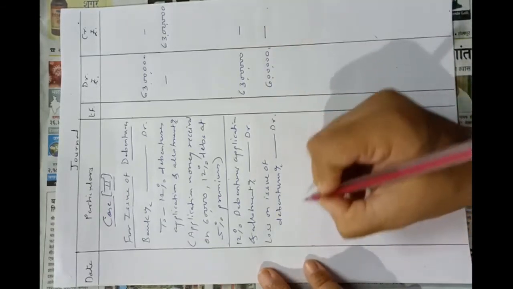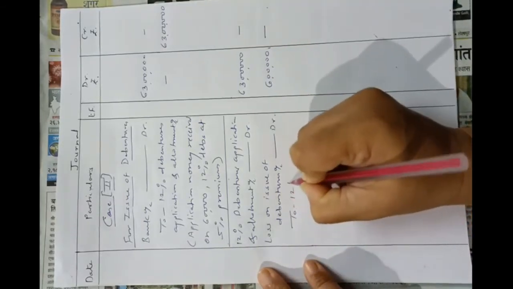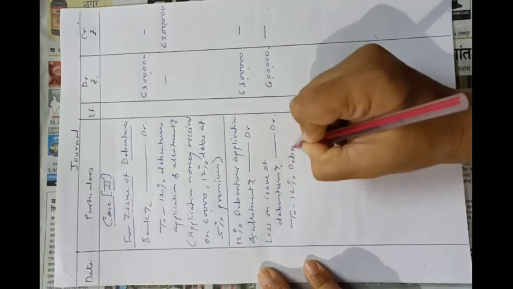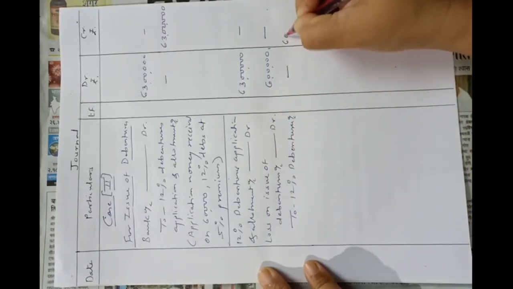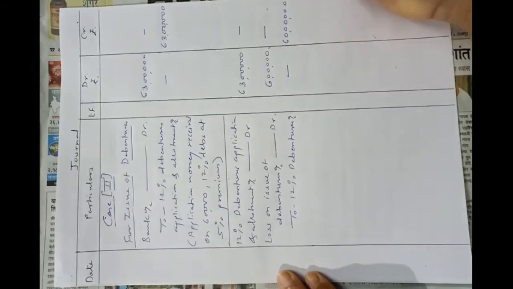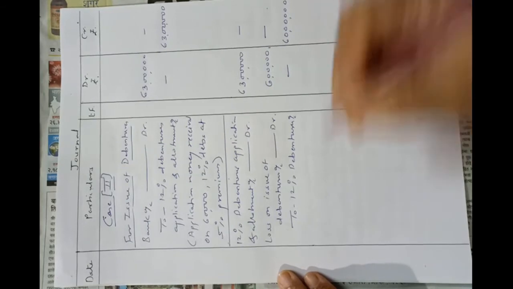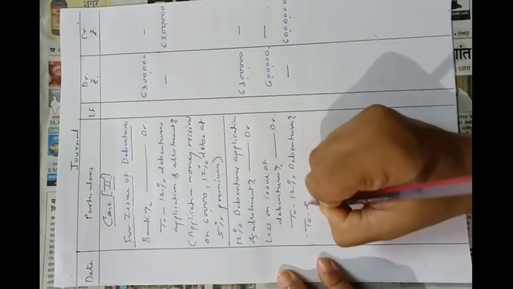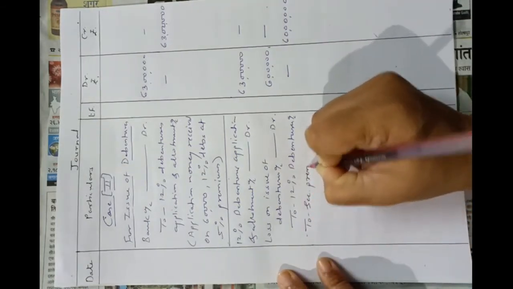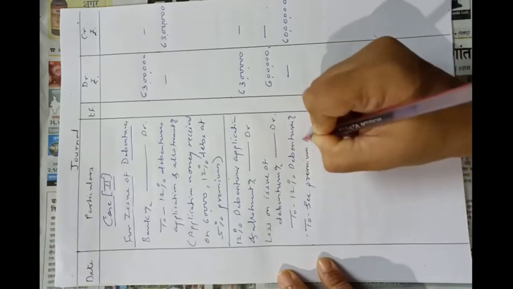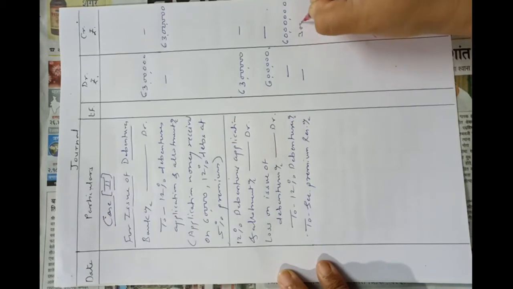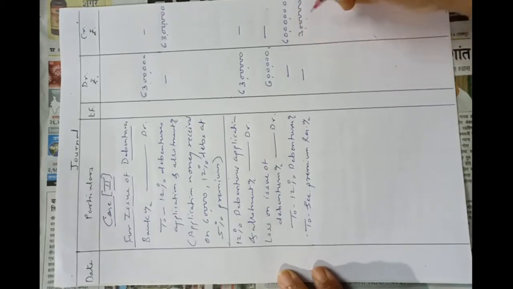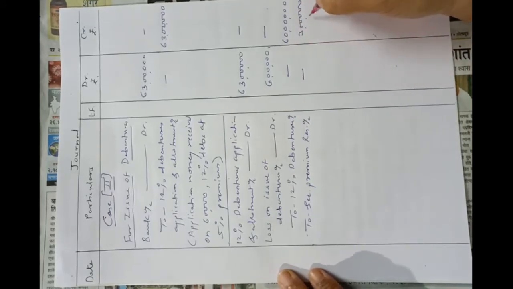Okay, to 12% debentures account 60 lakhs, that is face value 60,000 debentures into the face value 100. Now to security premium reserve, security premium reserve is 3 lakhs because these debentures are issued at 3 lakhs rupees premium.